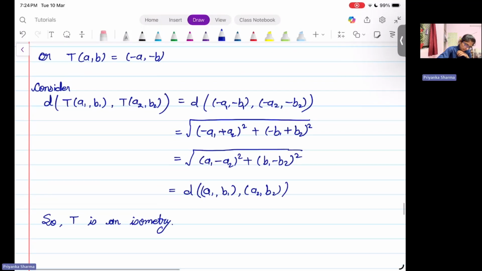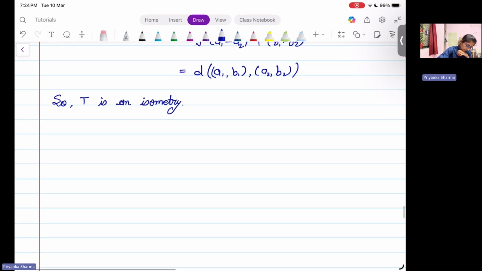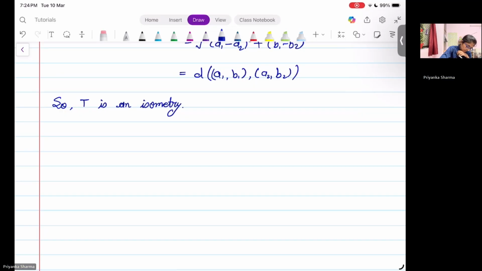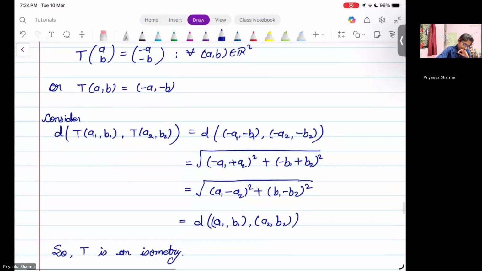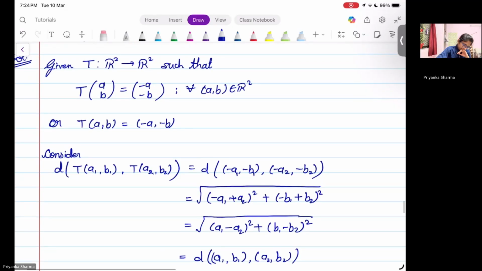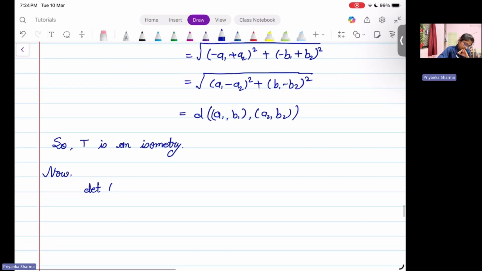Now check what is the category of this isometry, whether this is a rotation, reflection, or anything else. We need to consider the determinant of the corresponding matrix A. And how to form this?